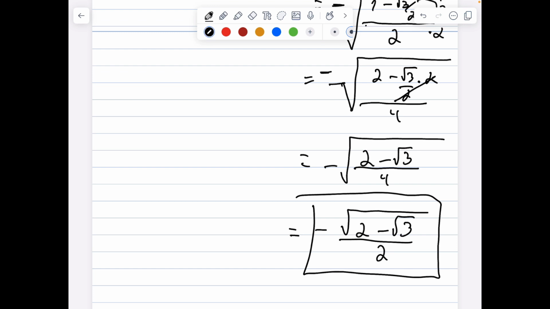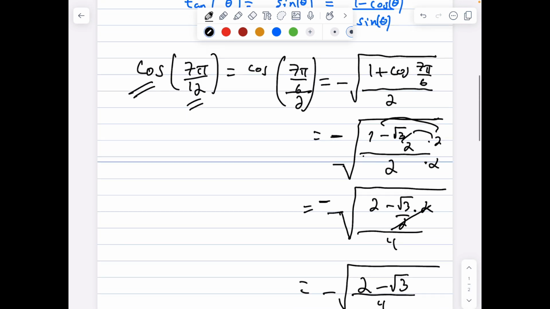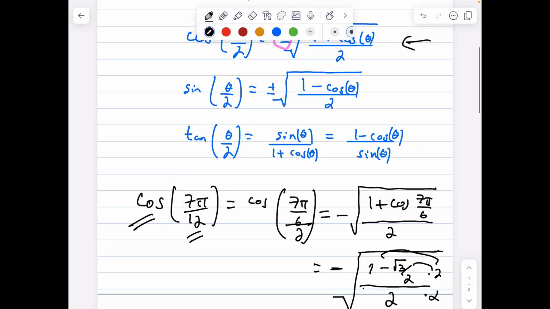It doesn't look nice. Square root of the quantity 2 minus root 3, it's like a double radical there, all divided by 2 with a negative on the front. Yeah, these are not pretty answers a lot of the time. So again, you identify which of those identities you're going to use, which is often not the difficult part, because if you're told to use a half angle identity, then you know it's one of those three usually.